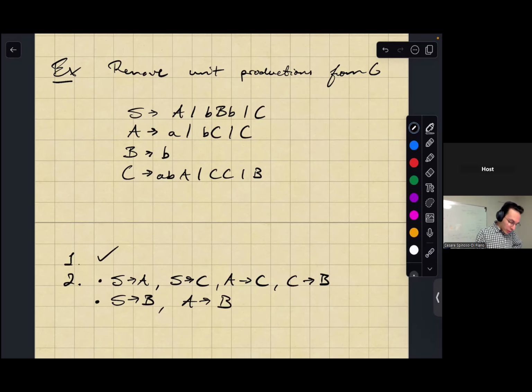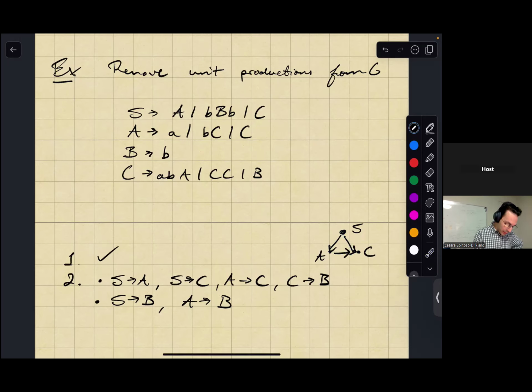You can also just think of these as paths in a graph. So I have S goes to A, and then S also goes to C, then A goes to C. So I have S gives me A, S gives me C, and S gives me AC, but that's just the same as going directly.